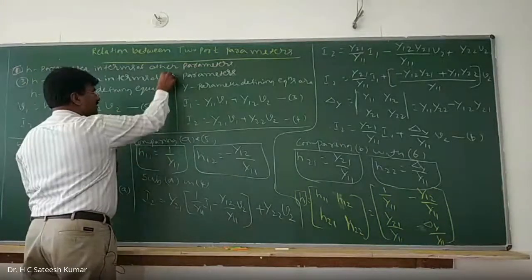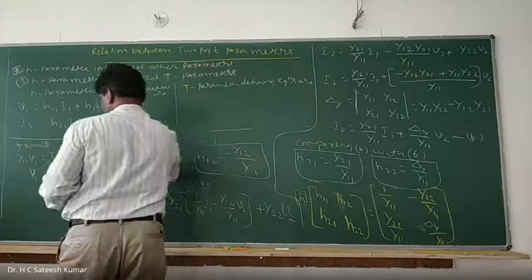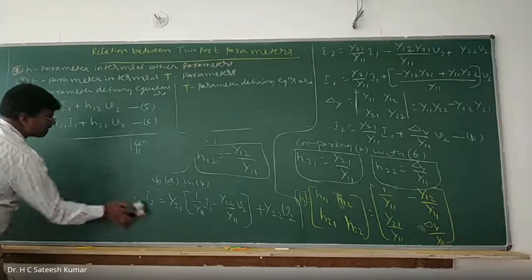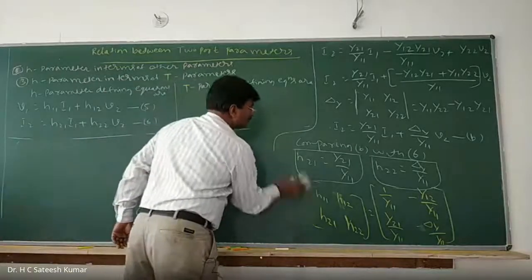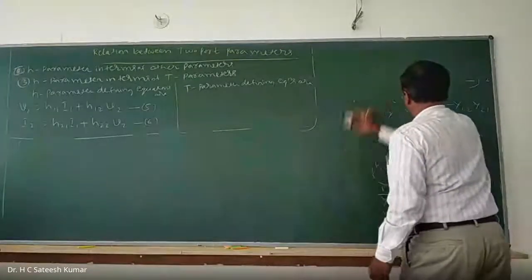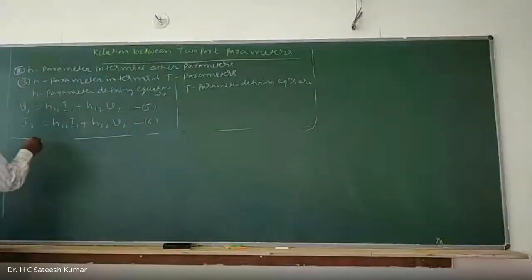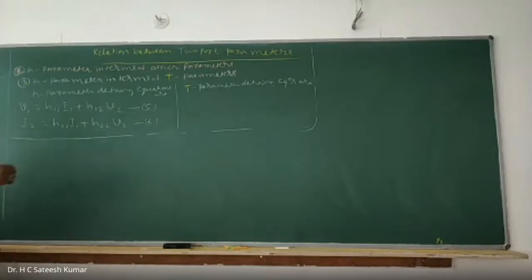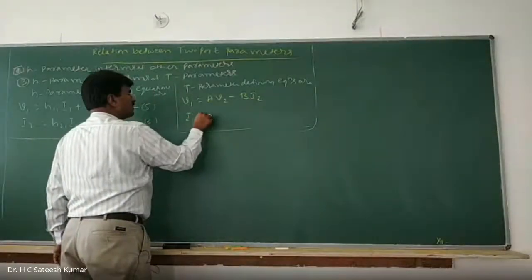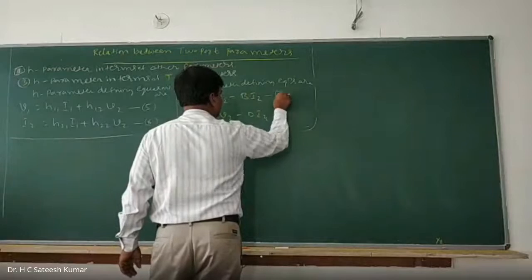The T parameter defining equations are given by V1 is equal to A V2 minus B I2, and I1 is equal to C V2 minus D I2. This equation we call 7, and this equation we call 8.